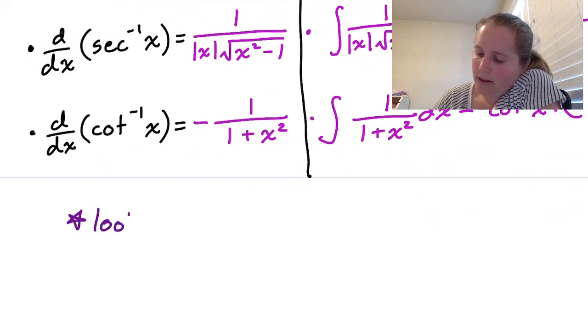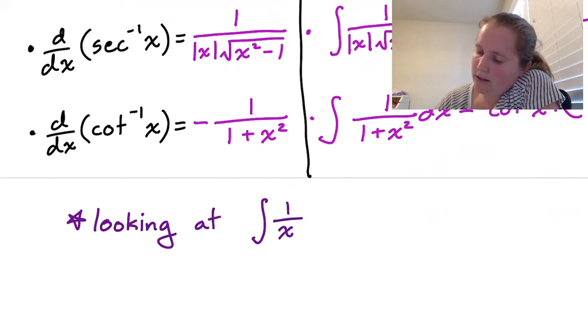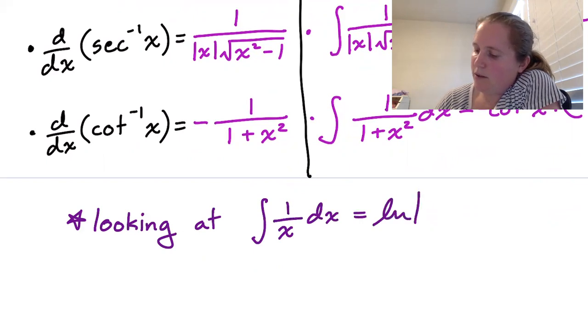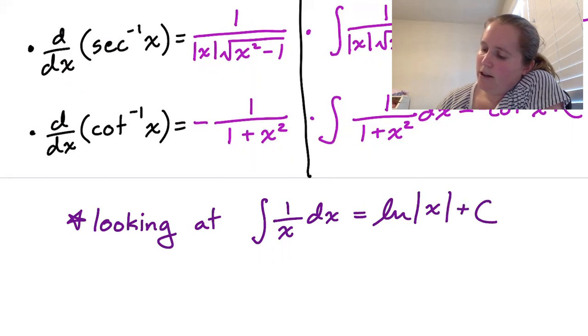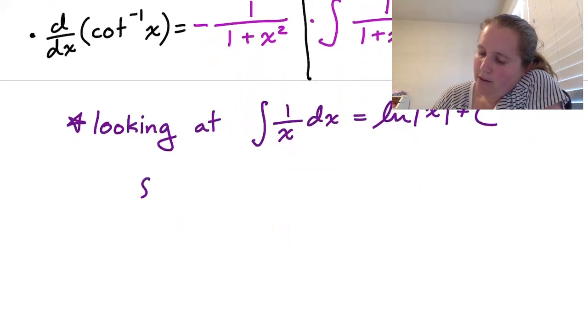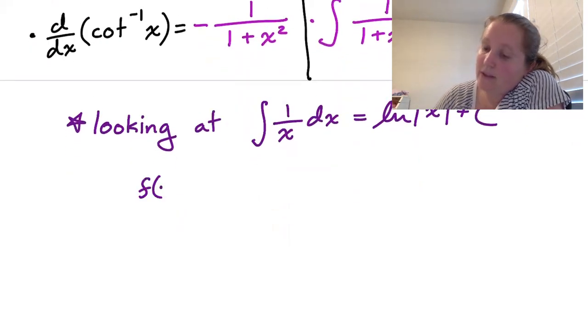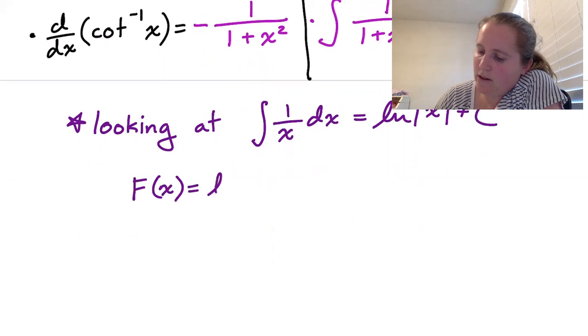So looking at the integral of 1 over x dx being natural log of absolute value of x, plus c, right? If f of x, sorry, this is our capital F. So capital F of x is that natural log of absolute value of x.